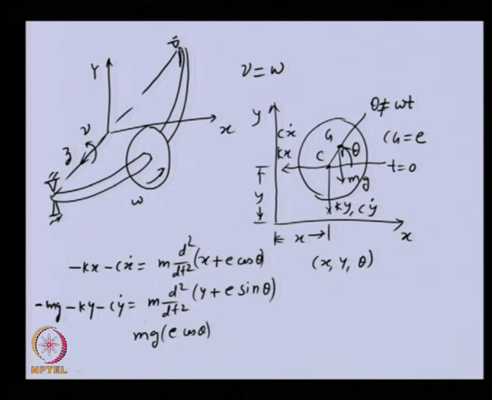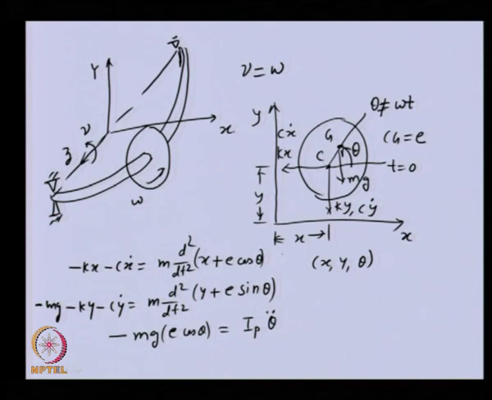It is acting opposite to the motion, which is in the counterclockwise theta direction, and this couple is in the opposite direction, clockwise, so it will be negative. It should be equal to the polar mass moment of inertia of the disk and the angular acceleration.